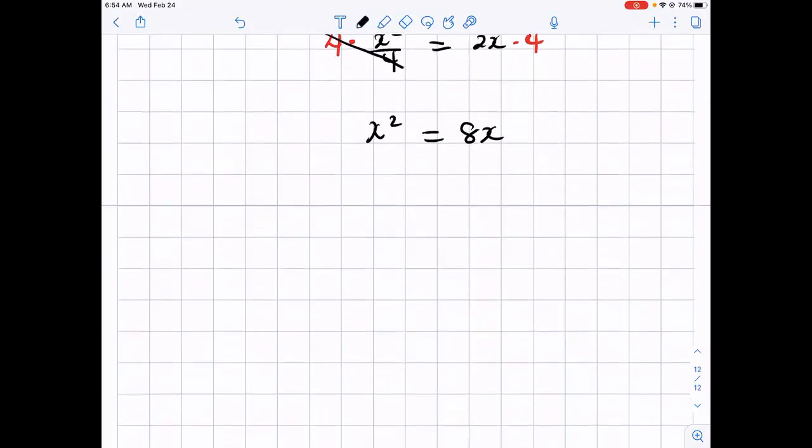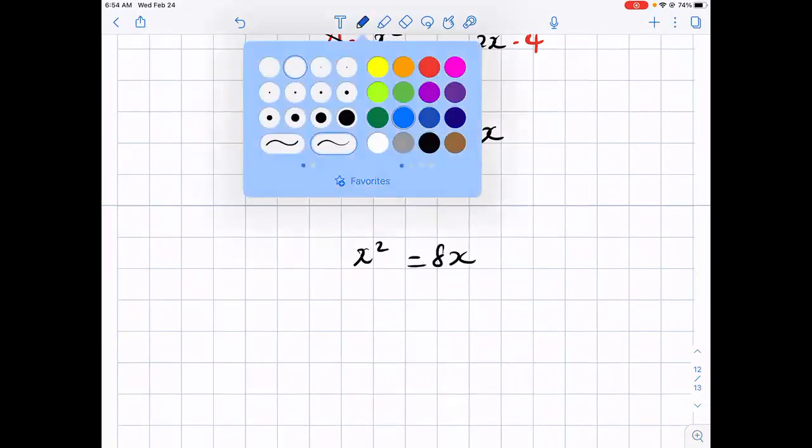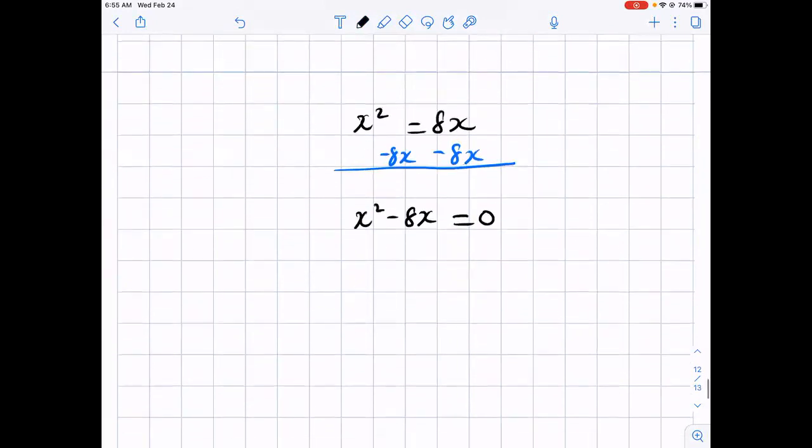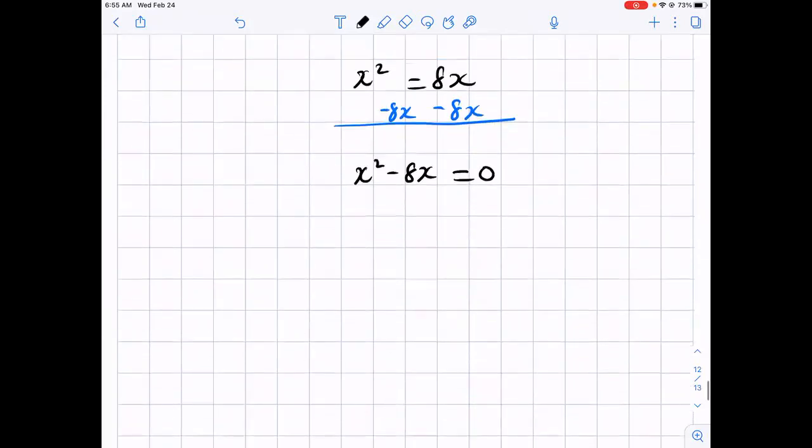Now it is quadratic. So if it's quadratic, to solve it, it has to be equal to 0. So we have to minus 8x on both sides. By doing this, we have x squared minus 8x is equal to 0. So it is quadratic, you have to factor. By factoring, we'll factor out x, we have x times x minus 8 is equal to 0.